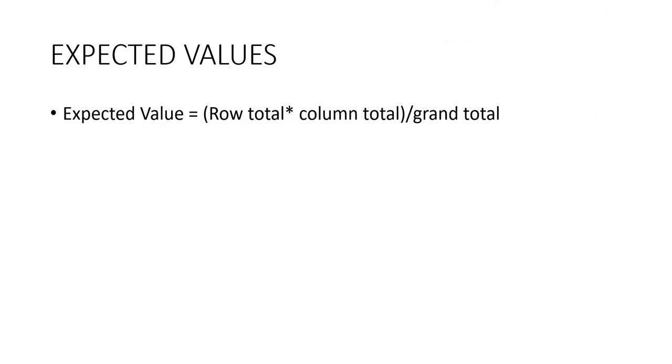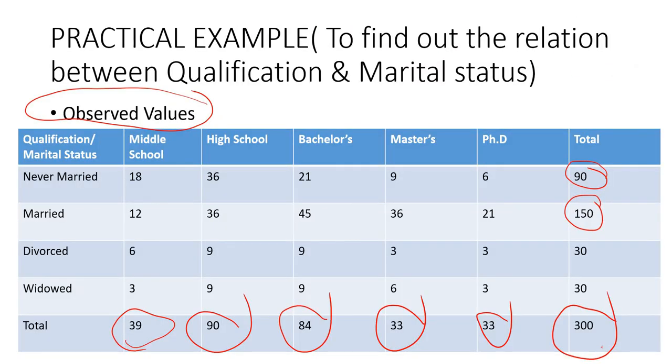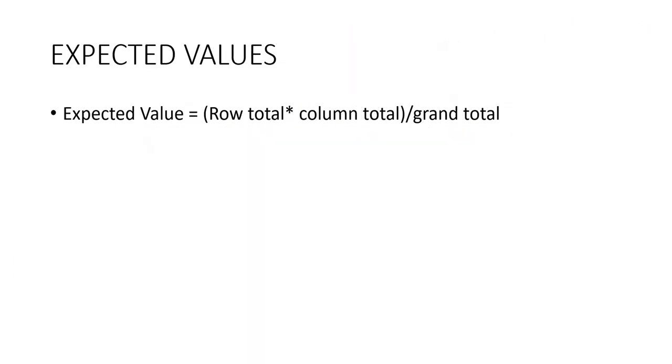Next thing you need to understand is what the expected value is. In this table you have the observed values. Now for calculating chi-square we need observed values and expected values. Now we are going to calculate the expected values.